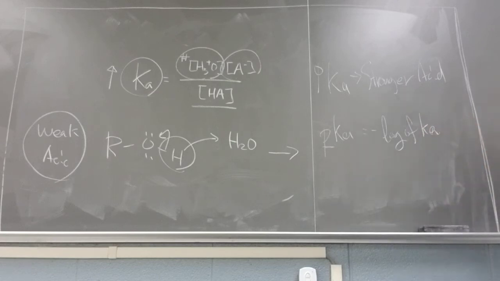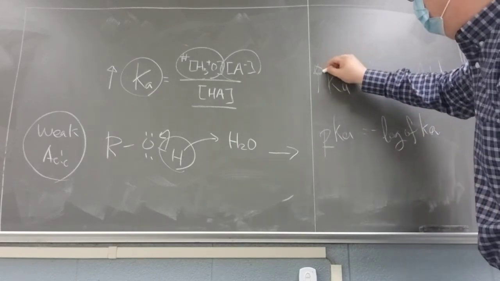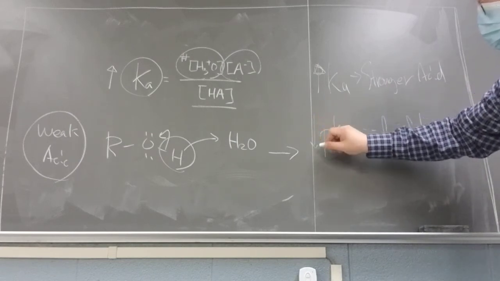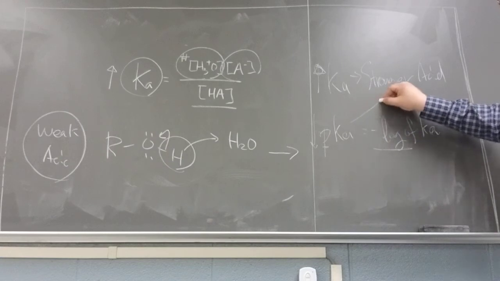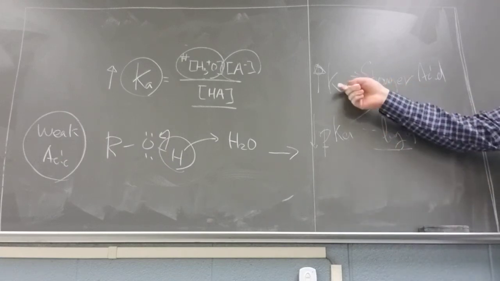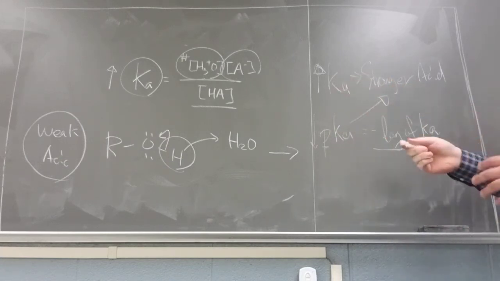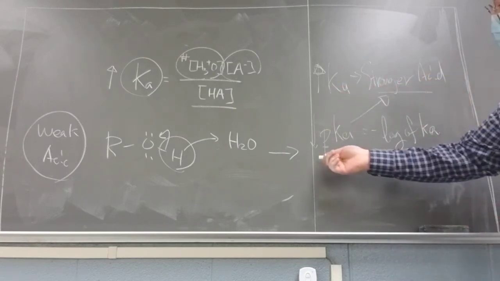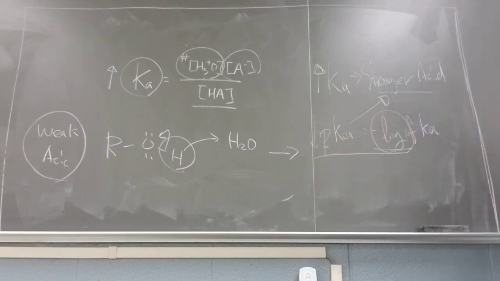This is the one part I'm also going to emphasize again. This is a negative log, so a lower pKa means a stronger acid. It's kind of the other way. Because a higher Ka is a stronger acid, you have more protons coming out. But because this p-value is a negative log, a lower number is actually a stronger acid. It's a good reminder from, I think, Orgo 1 and Chem 2. You guys remember this, okay?